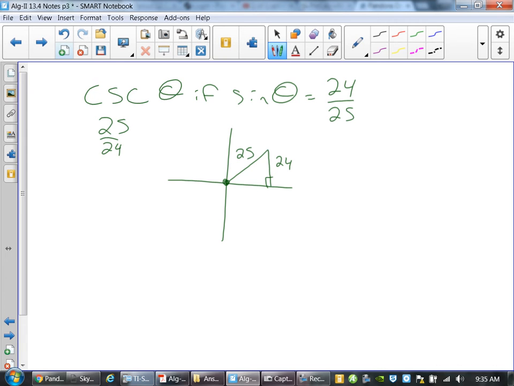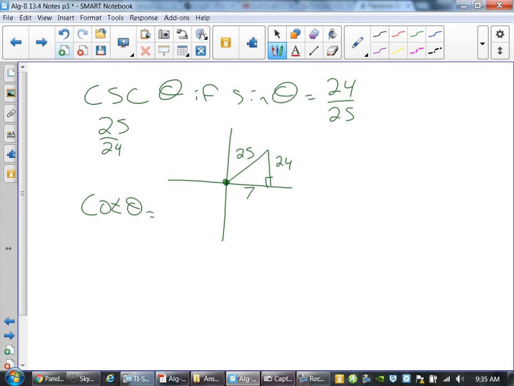But what if I asked you for this? What would you have to solve for? Yeah, the other side, the adjacent side, correct. So if I solve for the adjacent side, I'm just going to use the Pythagorean theorem. What's that? Yeah, it's 7. Okay.